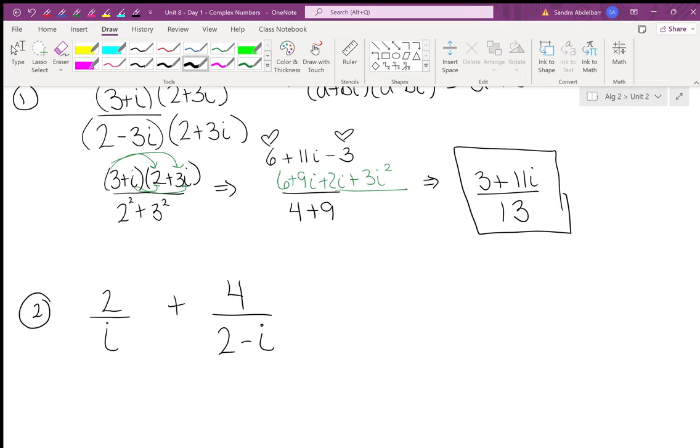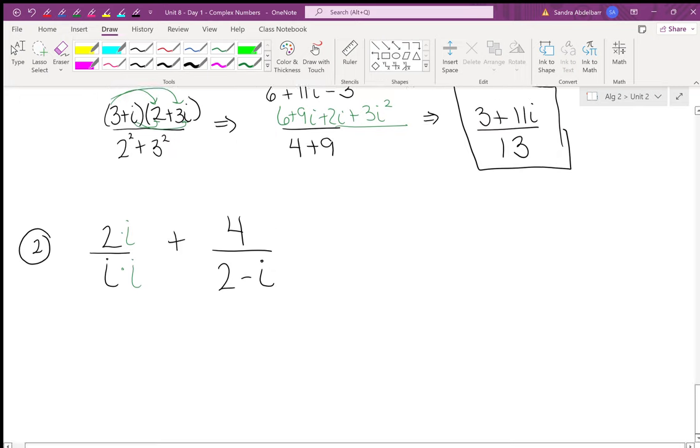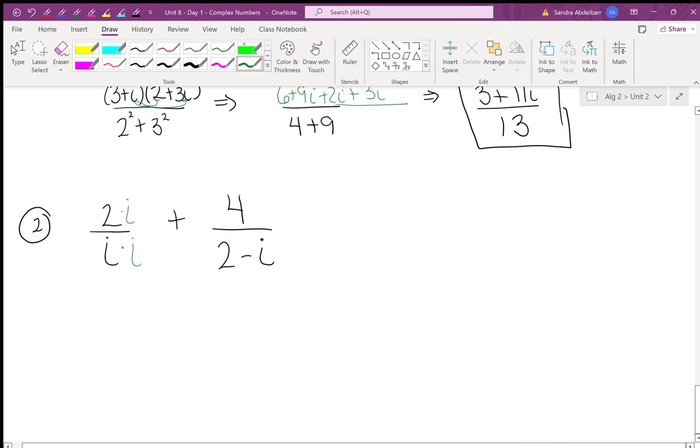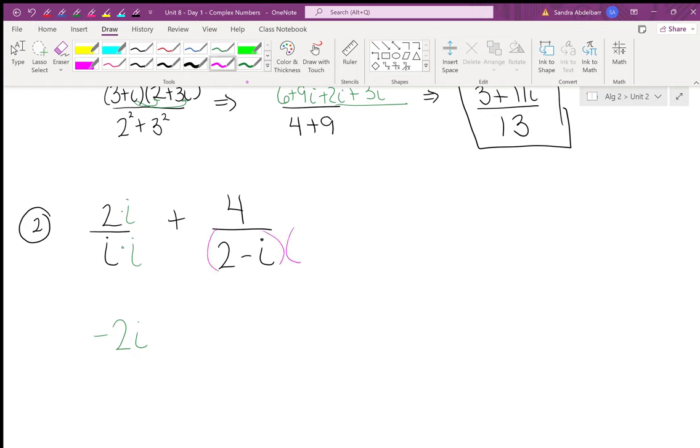Good. We have to rationalize, right? We have to get rid of the i. It's okay that I'm getting rid of the i differently for each fraction. We take each fraction on its own. We rationalize the denominator. So in the first fraction, I'm going to just multiply by i. And then I'm going to end up with negative 2i. Are you guys okay with how I got that? All right. In the second fraction, what am I going to multiply by?